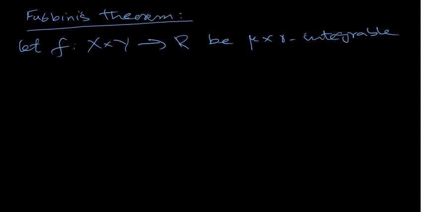So this function is a mu cross nu integrable function. Then we see that both the iterated integrals exist, and they not only exist, but they are also equal.